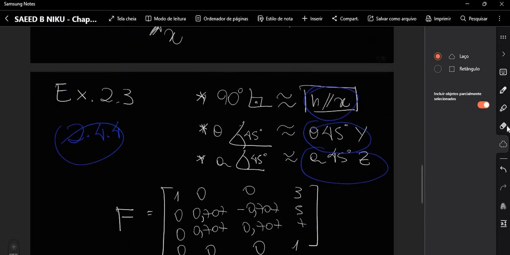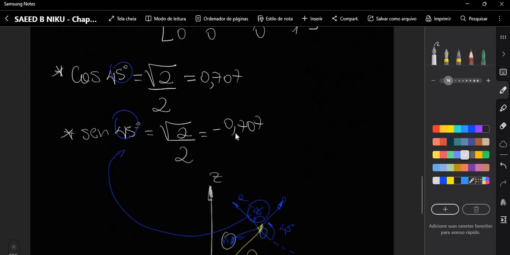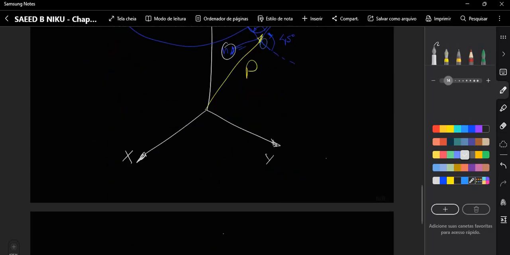Right here, I wrote a 9 degrees angle, but actually when you have two parallel vectors, lines, axes in this case, parallel means there are 0 degrees between them.